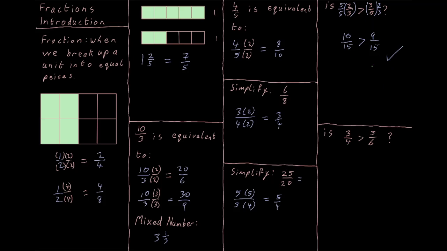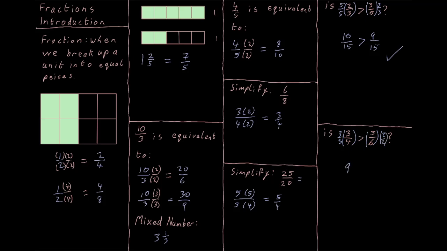So I need to get the same denominator to compare my fractions. Here, I would want to see what I would break up my fractions into so that I would end up with the same denominator, so I could count up the same number of pieces. Well, 12 would be the lowest common denominator, the lowest common multiple of 4 and 6. So I'd break this fraction up into 3 times as many pieces and this fraction up into 2 times as many pieces.